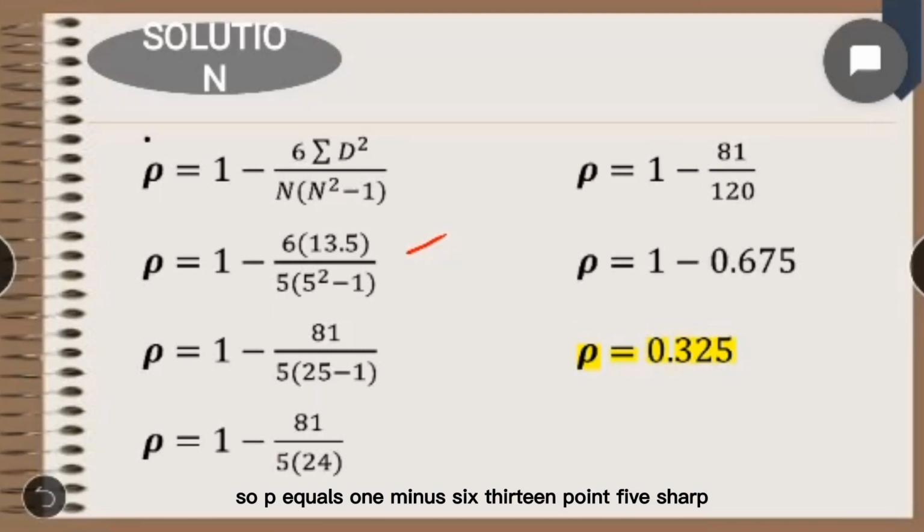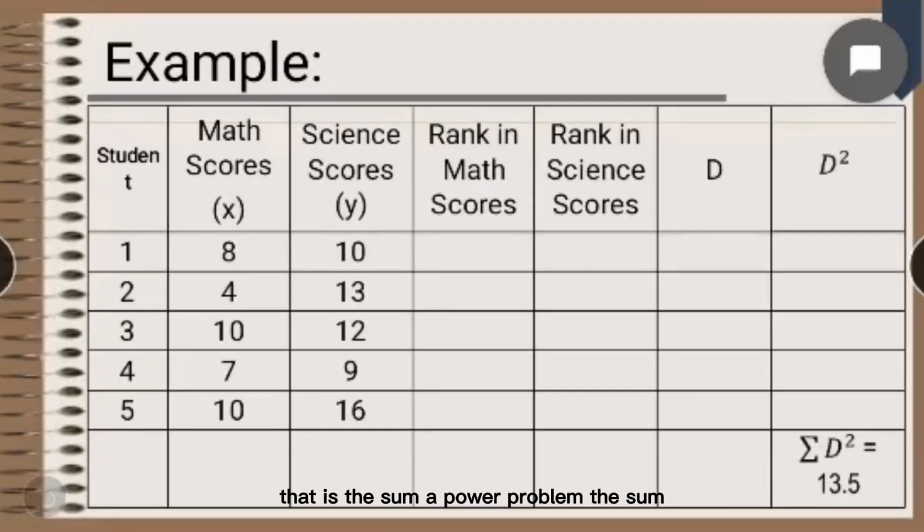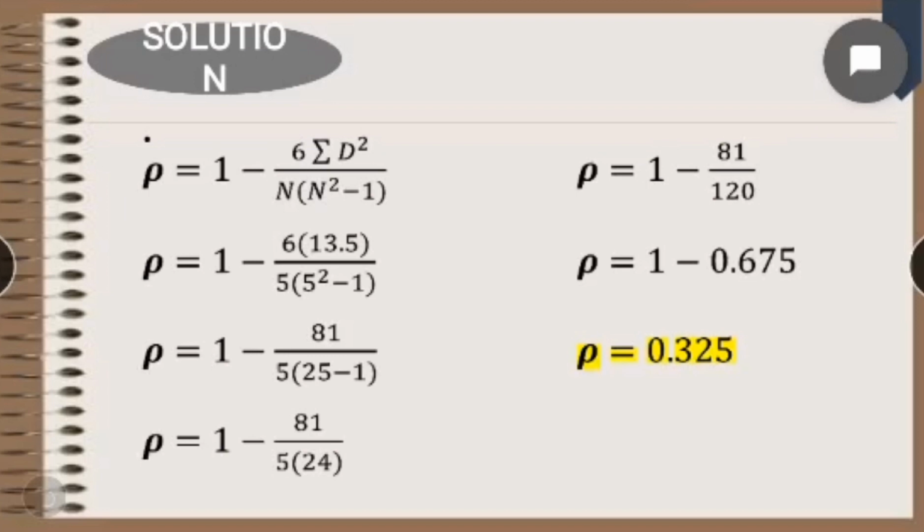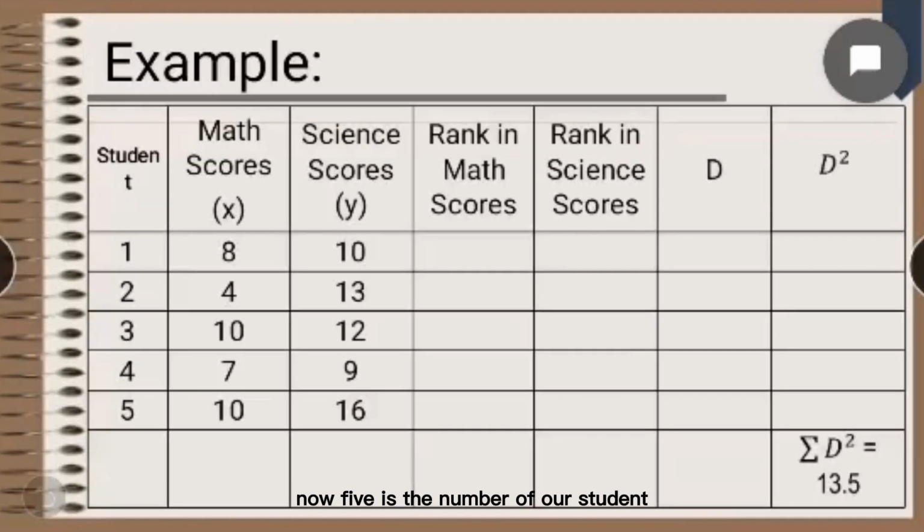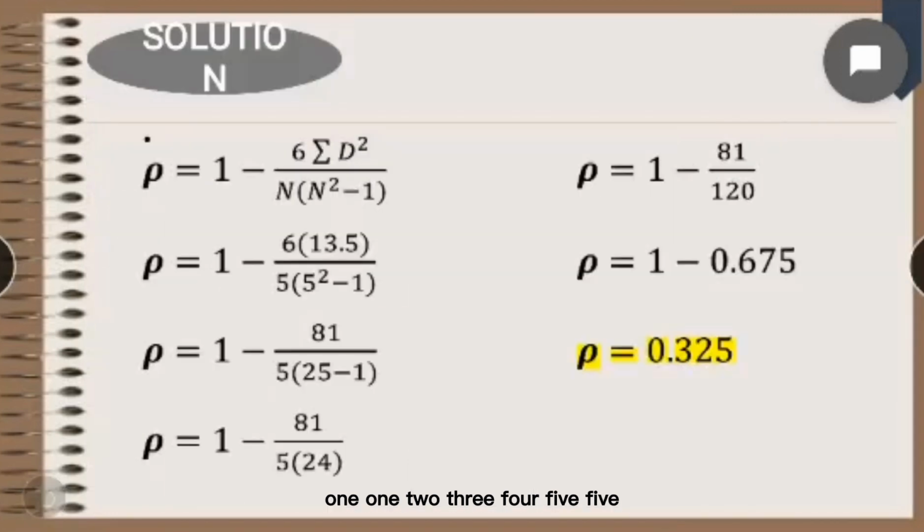So, P equals 1 minus 6 times 13.5, that is the sum in our table. Now, 5 is the number of our students. Baka makalimutan nyo. 1, 2, 3, 4, 5. We have 5 students. So, 5, then squared minus 1.